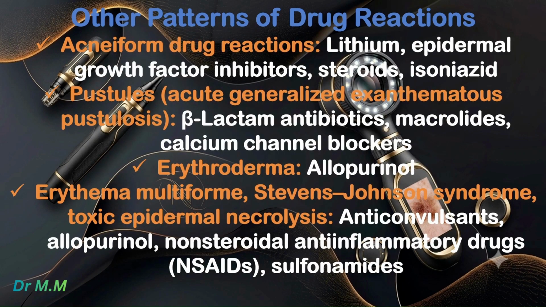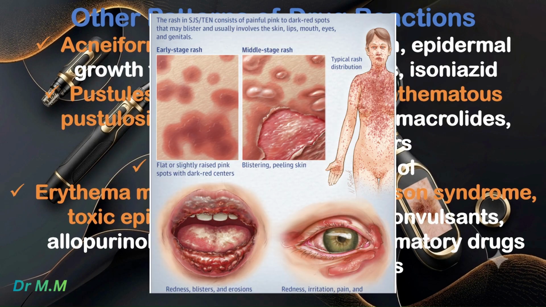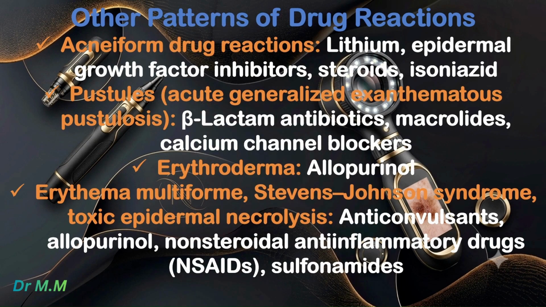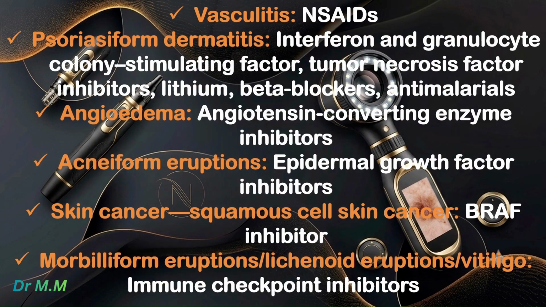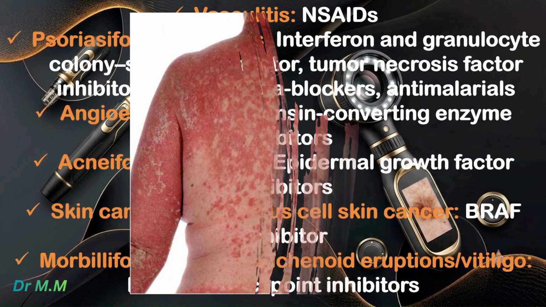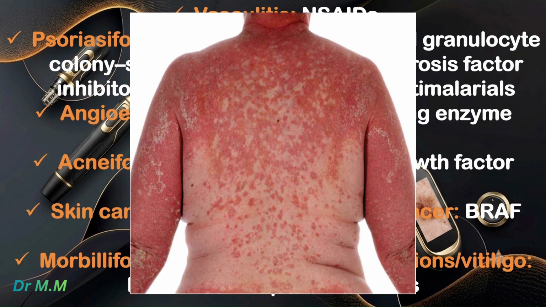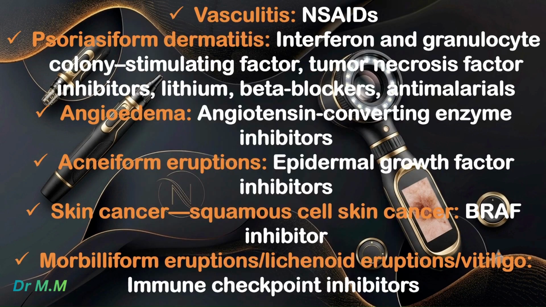Erythema multiforme, Stevens-Johnson syndrome, toxic epidermal necrolysis: anticonvulsants, allopurinol, nonsteroidal anti-inflammatory drugs, NSAIDs, sulfonamides. Vasculitis: NSAIDs. Psoriasiform dermatitis: interferon and granulocyte colony-stimulating factor, tumor necrosis factor inhibitors, lithium, beta blockers, antimalarials.